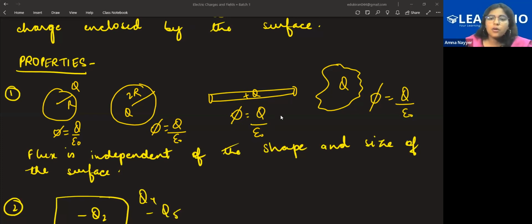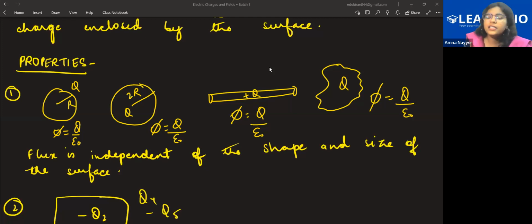So this is how all the charges are present. And we have different surfaces present. Different surfaces have different values of radii, their dimensions are different, but still, can you notice we are getting the same flux everywhere?